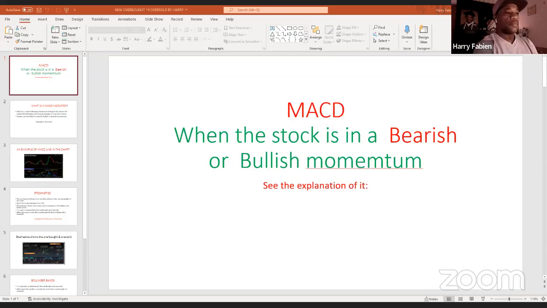Today, I'm just going to show you when to buy and when to sell. As I said before, we have what we call the MACD line, and we have stochastics.